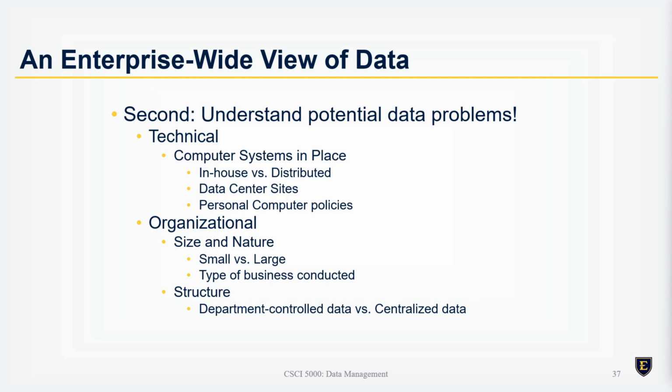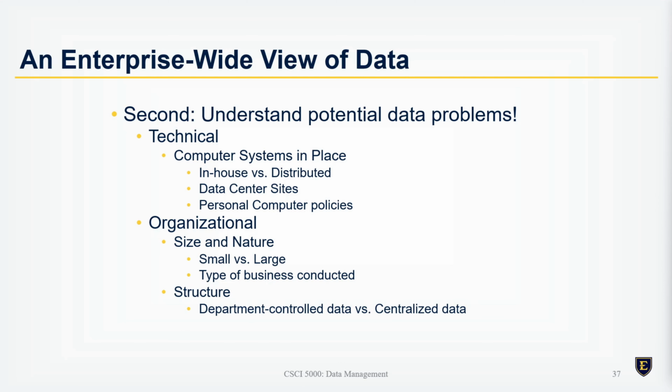There are organizational structures that can cause problems with the way that we manage our data. So the size and the nature of our organization is important to understand. If you're a small organization, then chances are pretty good that everybody has access to everything. And that's not always a good setup. So you might have to put some sort of structure in your small business. Versus if you're a large business, sometimes that can go the other direction.